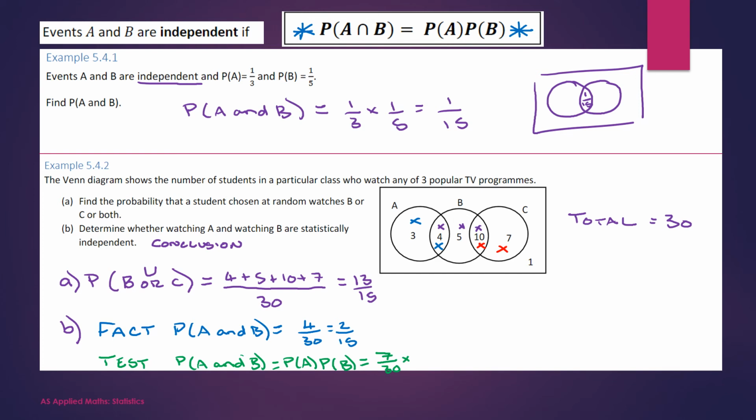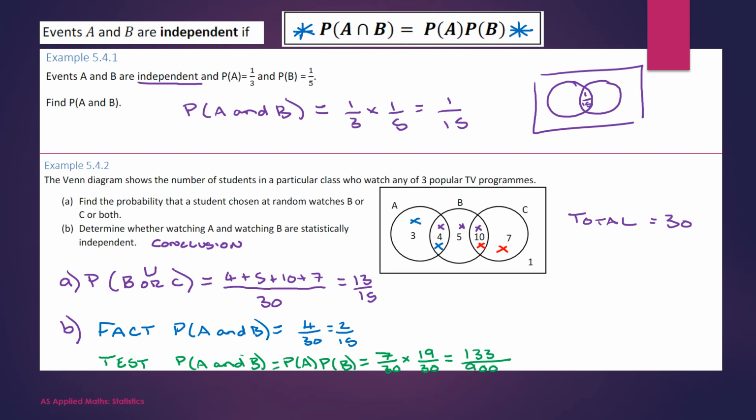And for B, I've got the 10, the 5 and the 4, so that is 19/30. The test is to multiply those two things and see what your answer is. When you multiply those together, we get 133/900.